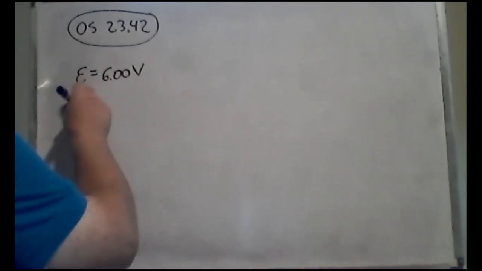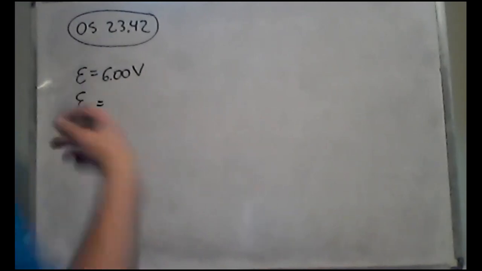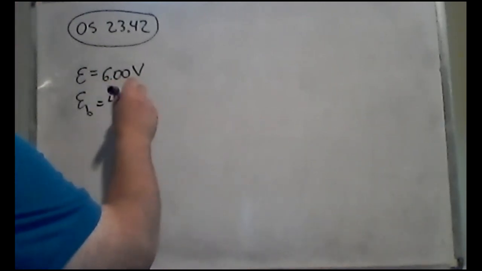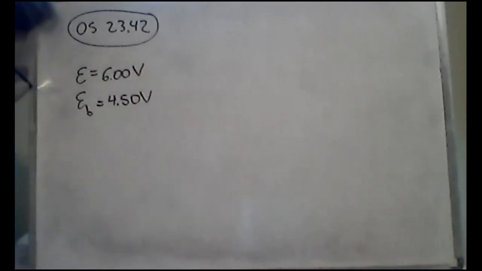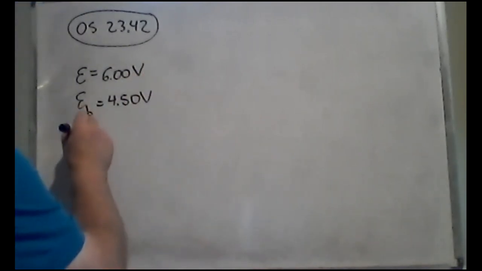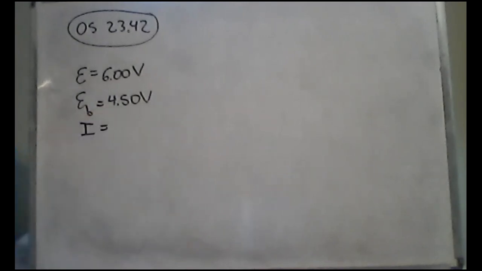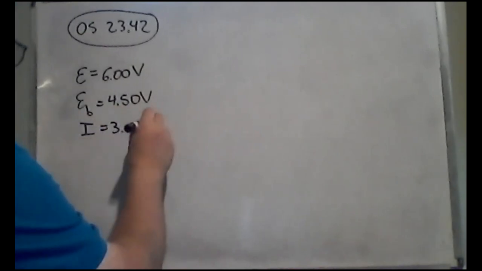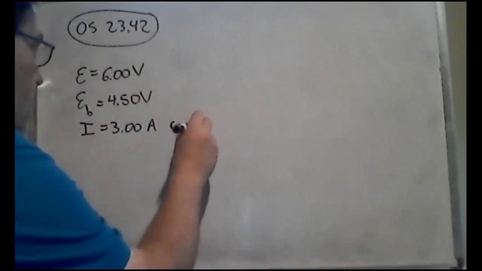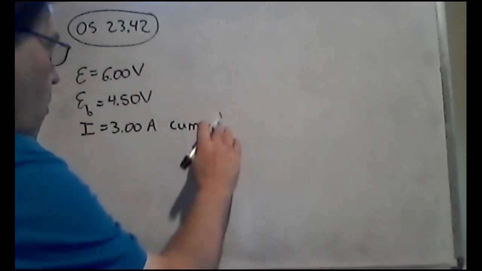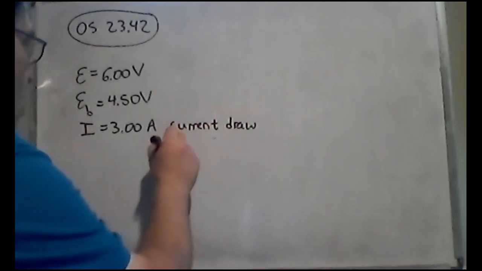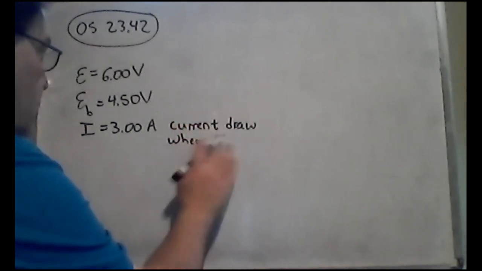I know the back EMF that forms when fully operational, 4.50 volts. I know the current I when fully operational, that's 3.00 amperes. That's the current draw at full speed.